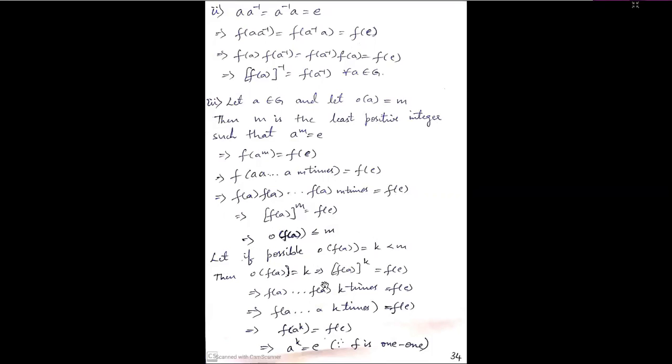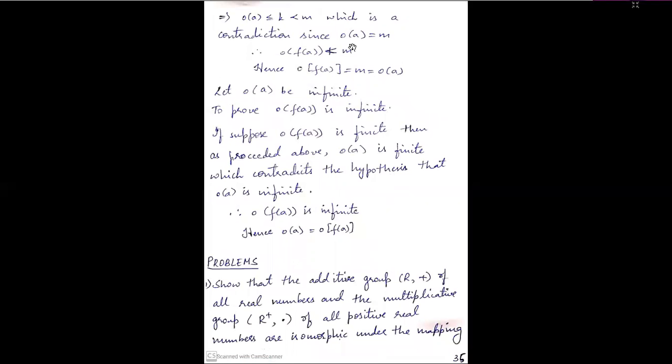Order of f(a) equal to k means f(a) the whole to the power k is equal to f(e). So f(a) to the power k is f(a) multiplied k times, and since f is a homomorphism, I can write it as f(a into a, k times). So this becomes f(a to the power k) equal to f(e). Since f is one-one, a to the power k is equal to e. This shows that order of a is equal to k, which is less than m, which is a contradiction since order of a is equal to m.